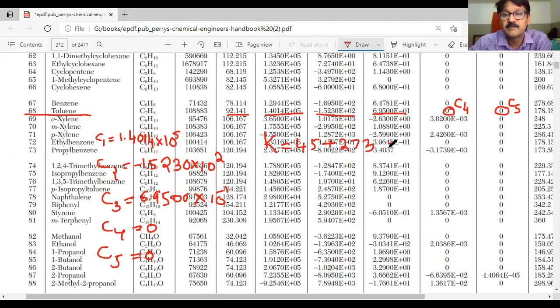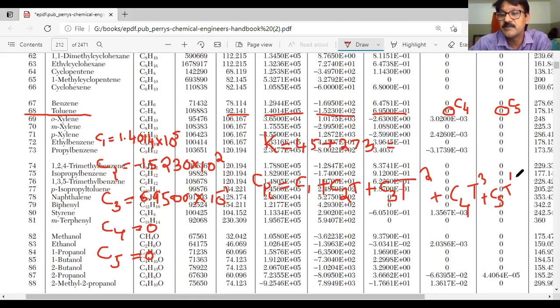Okay, so use the equation for Cp, it is a cold fluid. This equation: C1 value plus C2 T plus C3 T squared plus C4 T cubed plus C5 T to the power of 4.